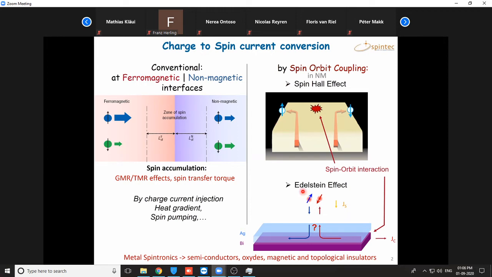By using also the Edelstein effect, the Rashba at interfaces, we can also generate a spin to charge conversion. And this is one of the key aspects of spintronics. And using spin orbit coupling, we can go from metal spintronics to semiconductor, oxide, magnetic, and topological insulators.